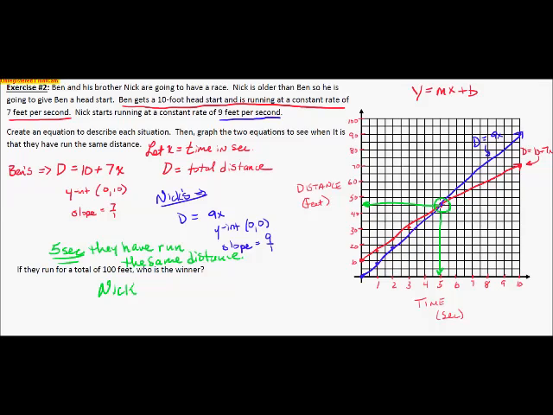If it was only 45 feet long, they would tie, right? And if it was anything less than 45 feet, Ben would be the winner. But they went 100 feet, so Nick is the winner. So there's number 2. Let's go on. There's one more. Let's go on to number 3 once I get everything cleared off, and that'll be it.